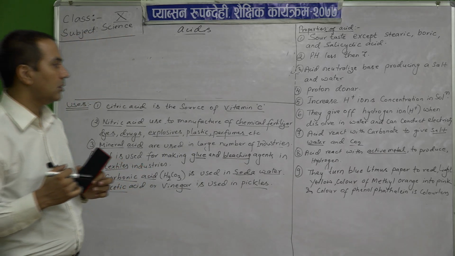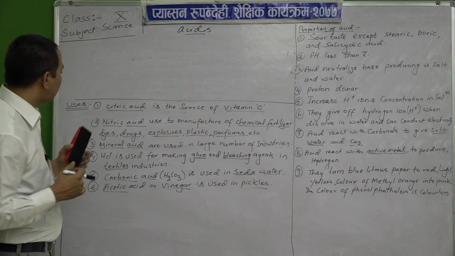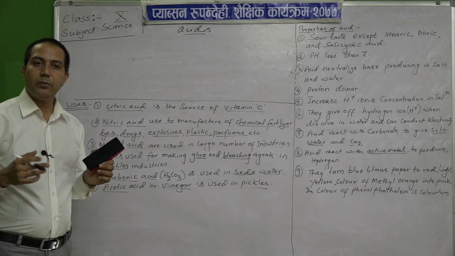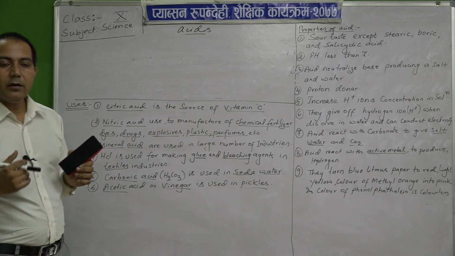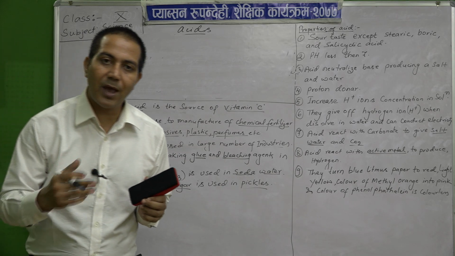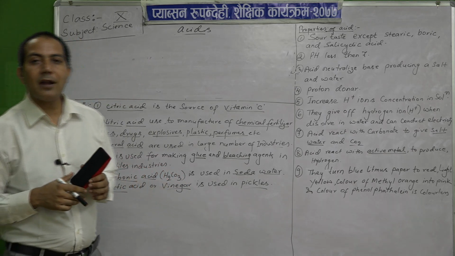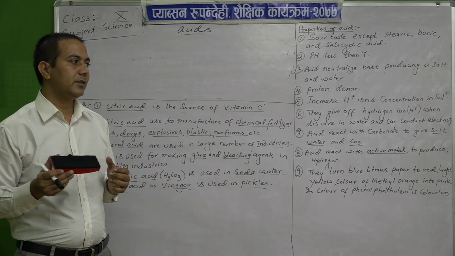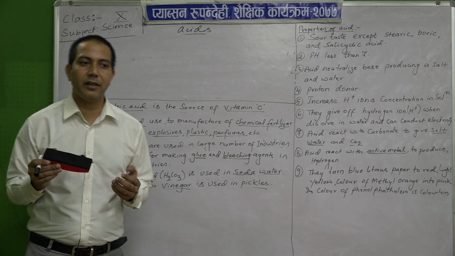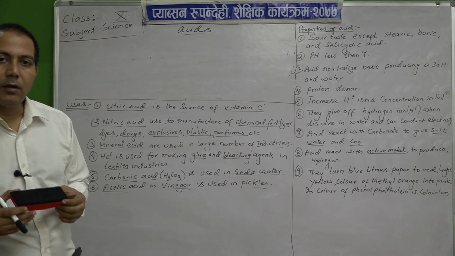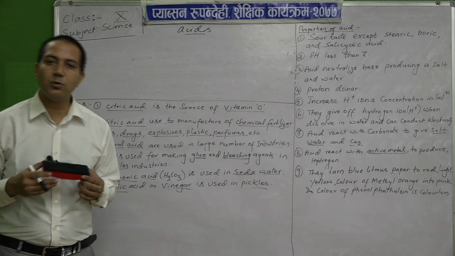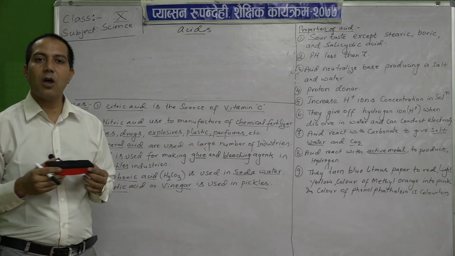The first one is citric acid. Citric acid is found in lemon and orange, as we have already studied. They are the source of vitamin C. It is especially said that you have to take vitamin C, which is present in lemon, orange, or fruits which are sour in taste.